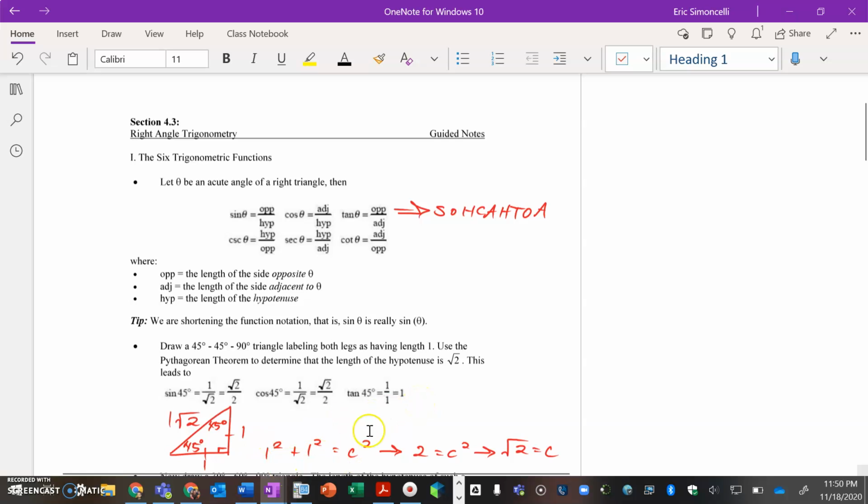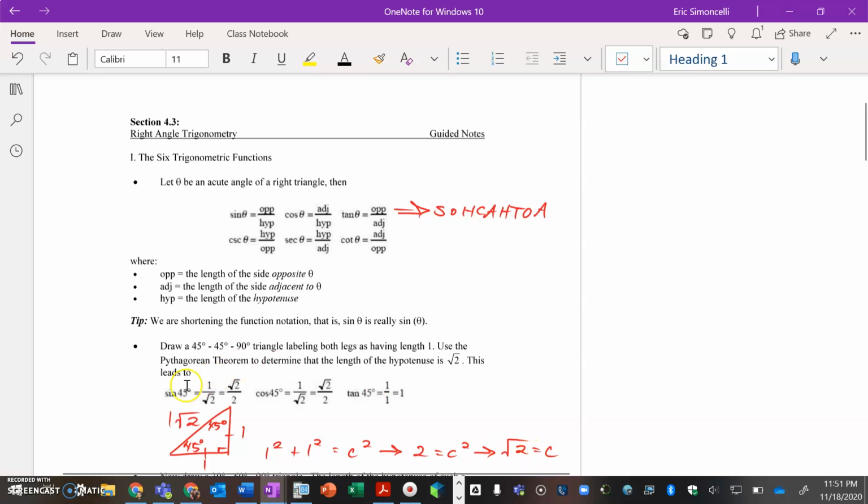The Pythagorean theorem is actually visible here quite nicely. If the hypotenuse wasn't provided, you could do 1 squared plus 1 squared, so a squared plus b squared, and of course that equals the hypotenuse squared, c squared. You can solve simply by adding, you get 2, and then square rooting.